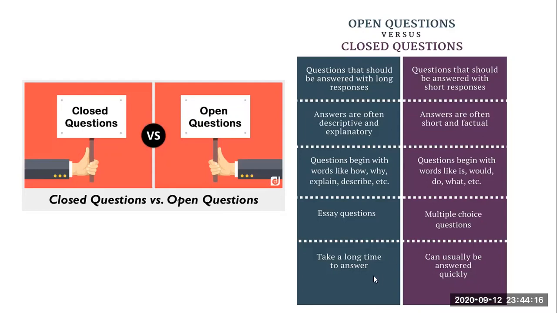And here on the left, finally, we have something that is kind of obvious. When it's an open question, you're going to have long answers, and it's going to take you longer. While closed questions can usually be answered quickly, so they're not going to take you a lot of time. So these are some differences that we probably knew before, maybe with a different explanation, but it's something that we studied before. Remember, this is our review or summary.